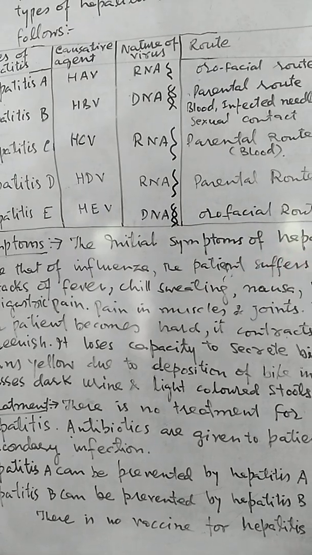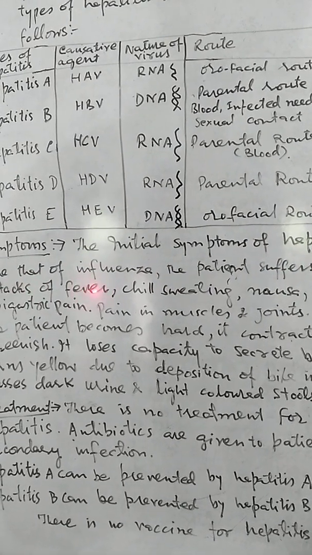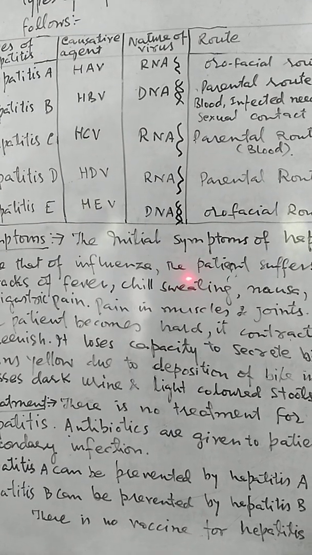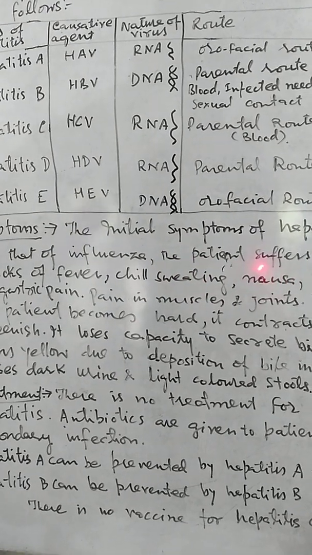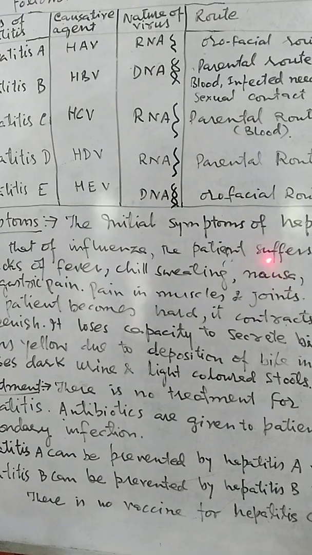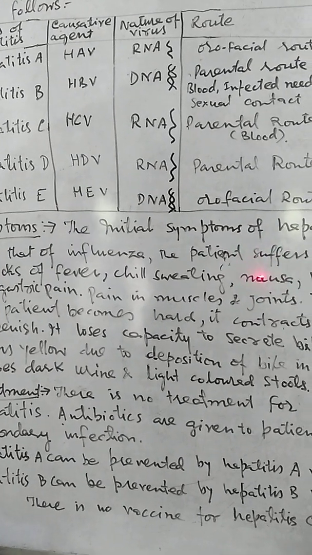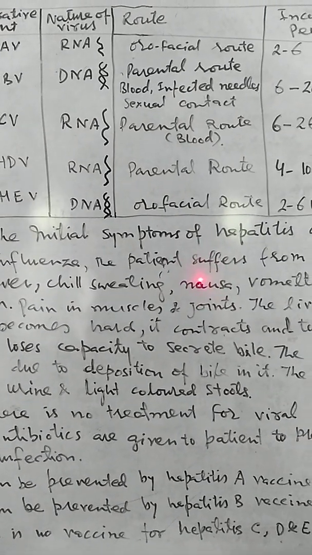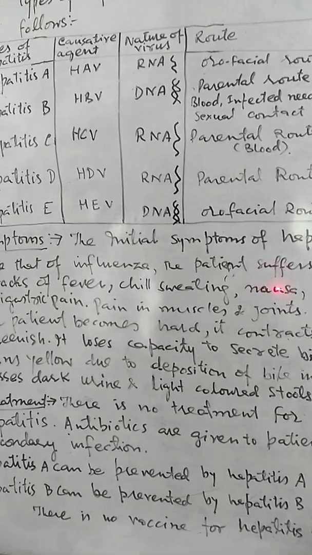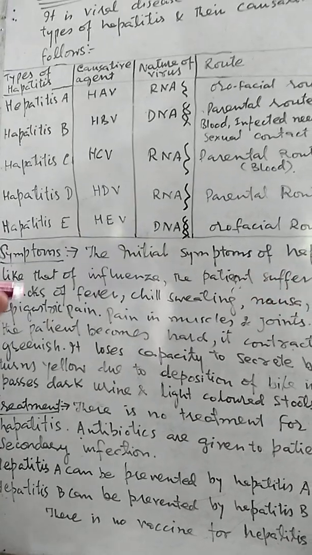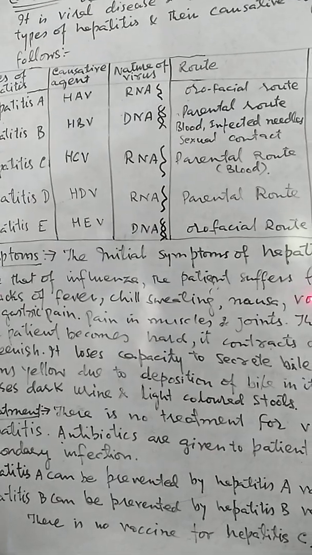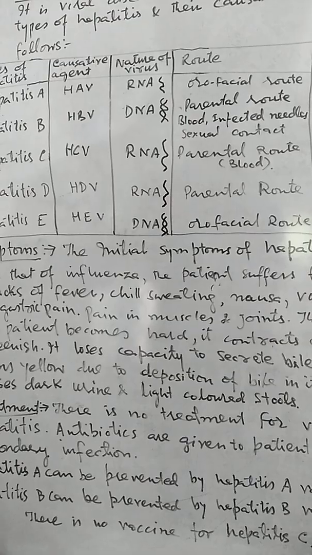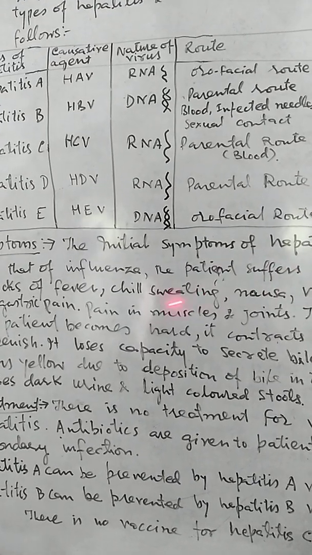The patient suffers attacks of fever, chills, and cold sweating. Nausea means vomiting-like features in our abdomen. Vomiting occurs; the patient suffering from jaundice is characterized by vomiting.